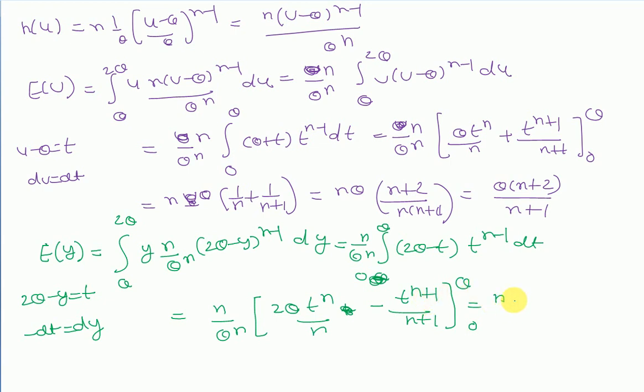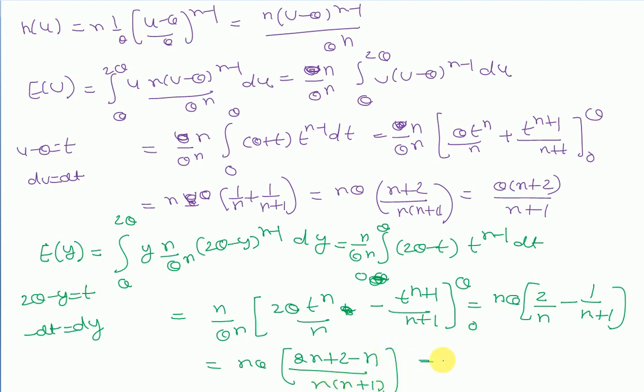We will only get n theta, and in the bracket we are left with 2 upon n minus 1 upon n plus 1. Let us solve it: 2n plus 2 minus n upon n plus 1. Then we will get theta times n plus 2 upon n plus 1.